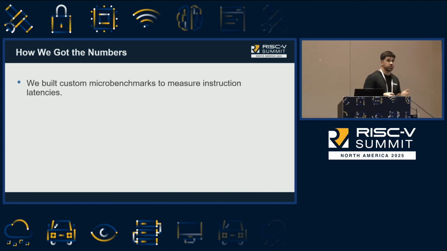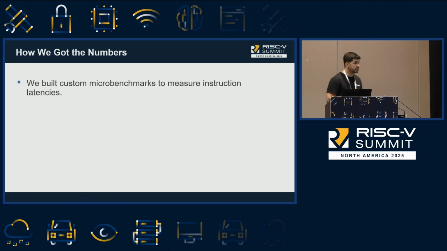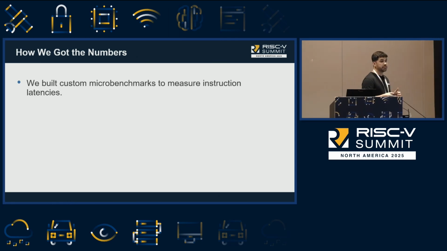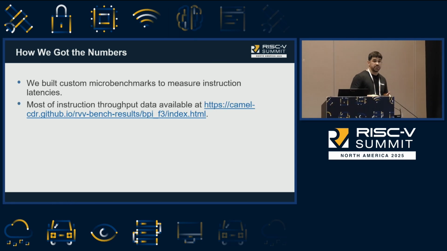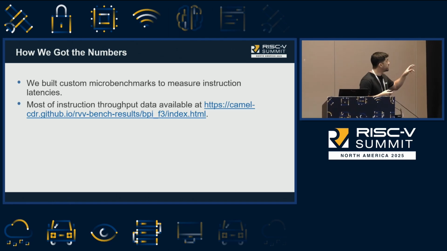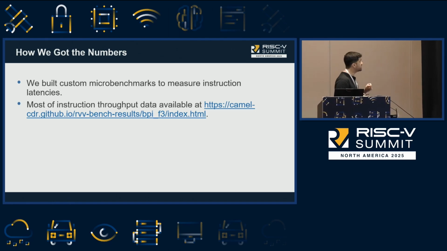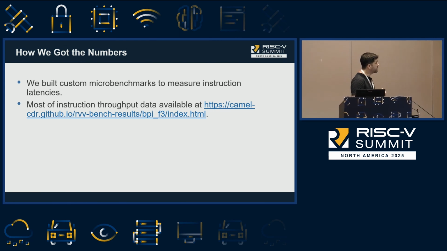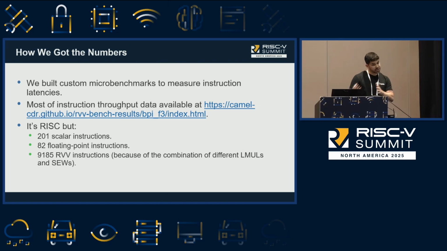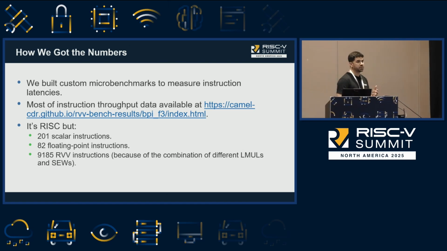And how do we get the numbers, right? So how did we collect the latencies? We had to write a micro benchmark tool to collect them all. That's for latencies. For throughput, most of the instructions' throughput data was already available from camel-cdr. We just had to implement a few. But this, as you can imagine, is a massive piece of work. Because even though RISC-V is RISC, we have more than 9,000 instructions.